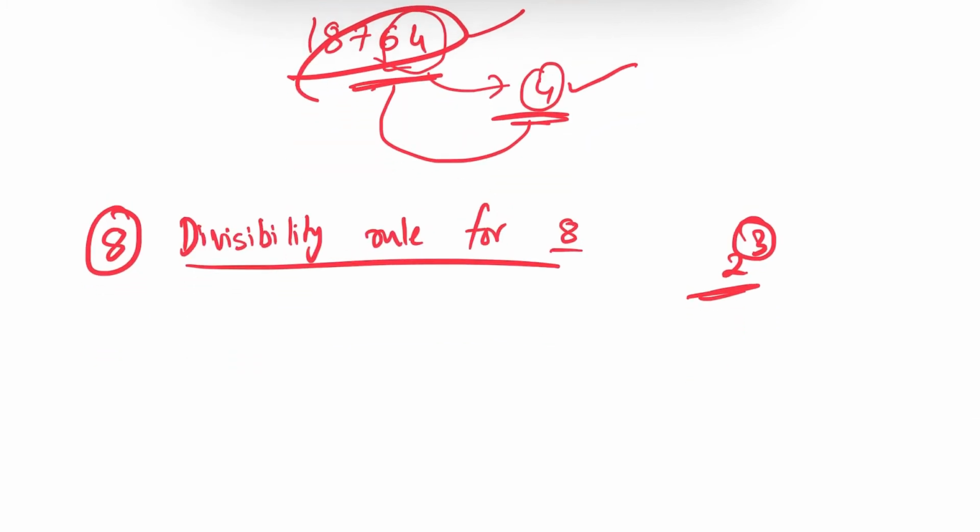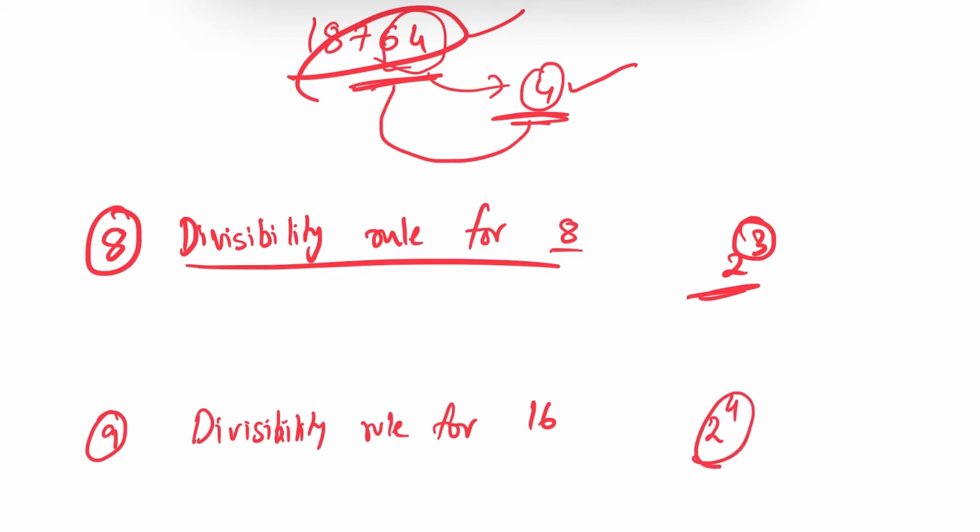Okay, so what if we have to check for 16? The divisibility rule for 16. What if we have to check for the 16? Alright, so it's 2 power 4, right? 2 power 4 is 16, and hence we will be checking on the last 4 digits.